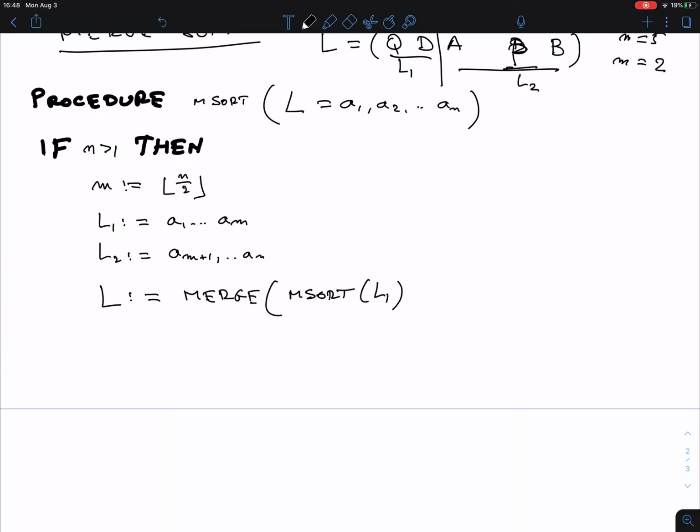Because remember, M sort is an algorithm that produces a sorted list. It has an input, an unsorted list, but its answer comes out to be a sorted list. Okay, and that's it. That's how the algorithm works.